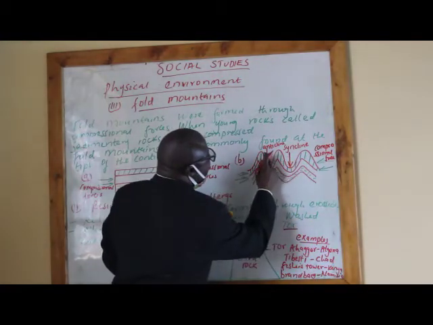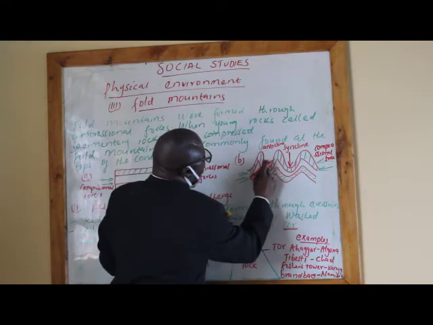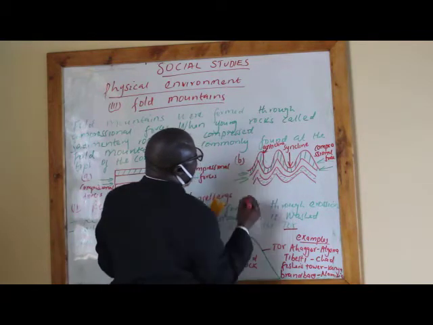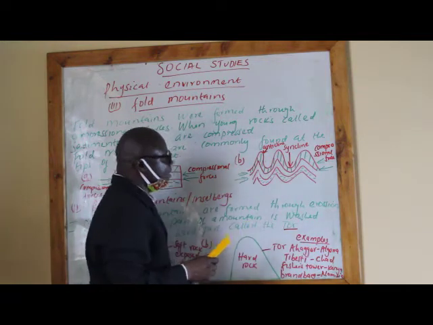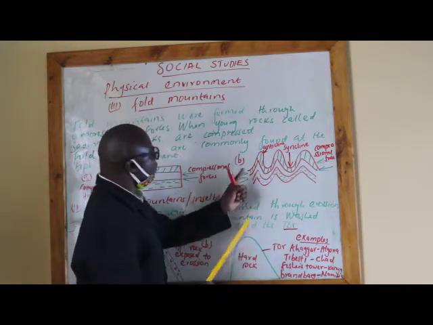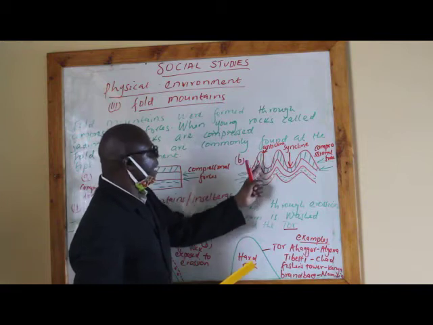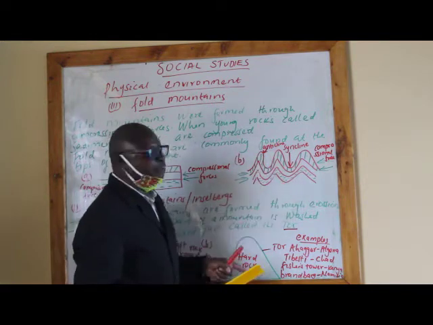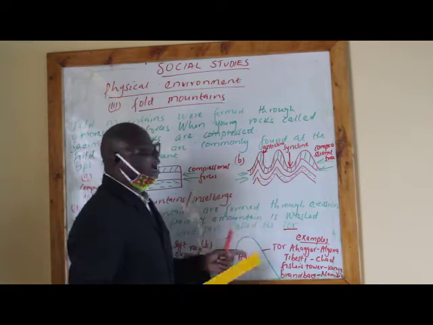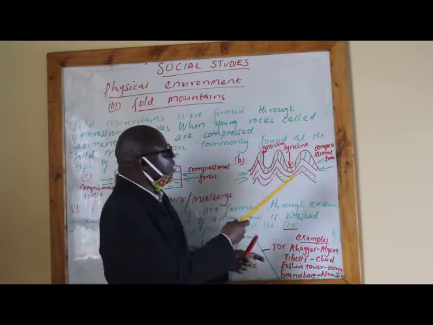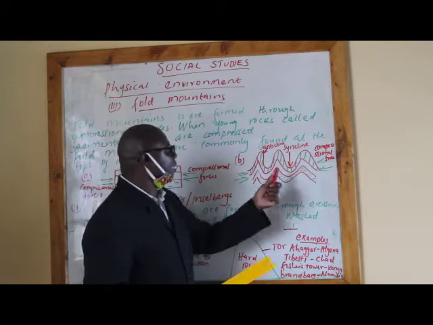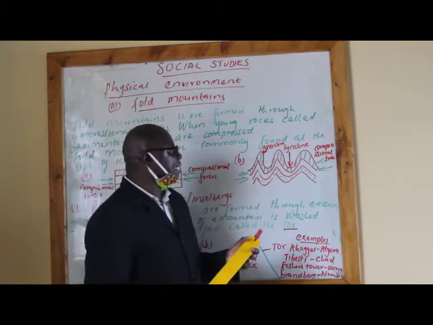So there's a raised part. This one is known as the anticline, and this one, the sunken part, is known as the syncline. So we have the anticline and the syncline. If it happens that water fills the sunken part, then it will come up with a certain lake called the geosyncline lake.